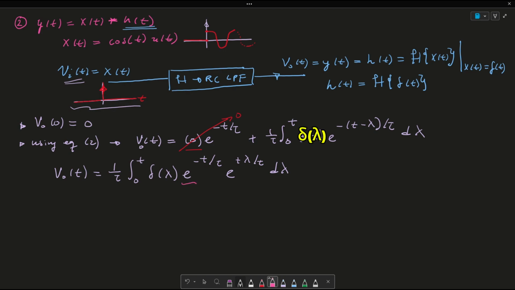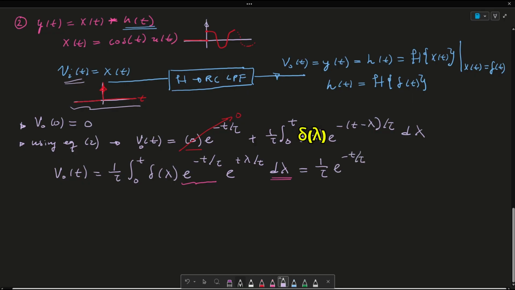Similar to the previous slide, remember this here is just a constant when talking about lambda. So then this is equated to 1 over tau e to the minus t over tau integral from 0 to t delta lambda e to the lambda over tau d lambda.